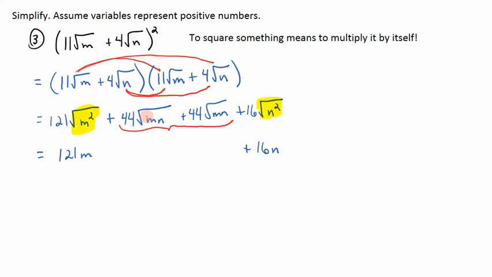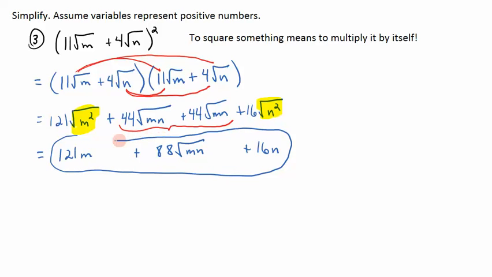I have 44 square roots of mn plus another 44 square roots of mn, giving me 88 square roots of mn. I can't simplify anything. I don't have any like terms that I can add. I can't split the square root of mn. There's no perfect squares that I could split out. So this is my final answer. Looks messy, but that's the final answer.